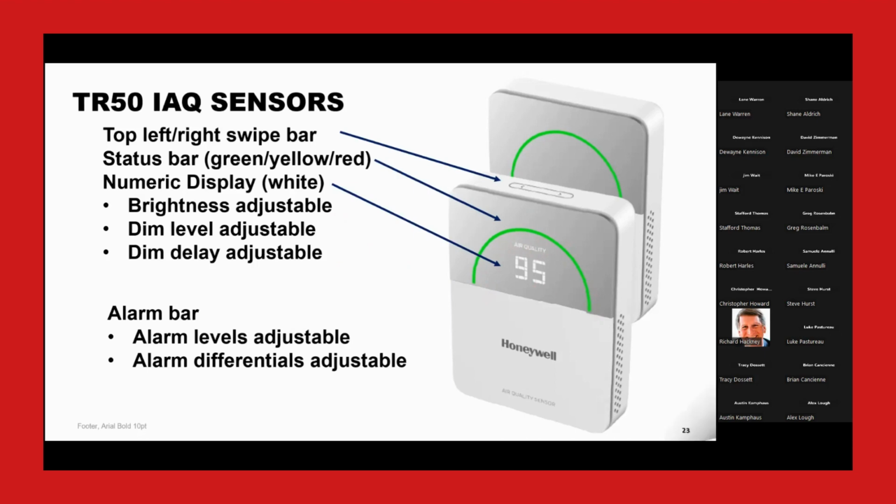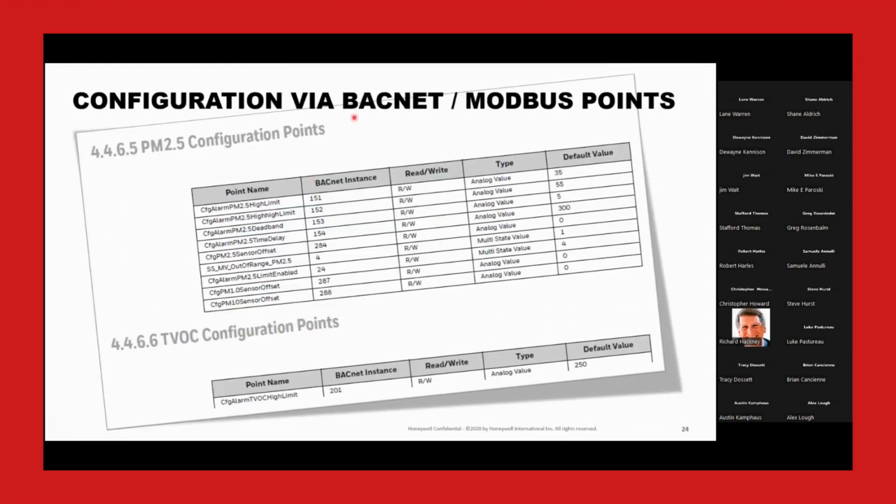All of the configuration is done via BACnet or Modbus points. Currently, the current Silk firmware does not have any configuration in it. So if you take one of these controllers and hook it up to Silk, the same way you would a TR40, you either live with the default values, or before you install it on Silk, you hook it up to some BACnet or Modbus port and configure it the way you want.